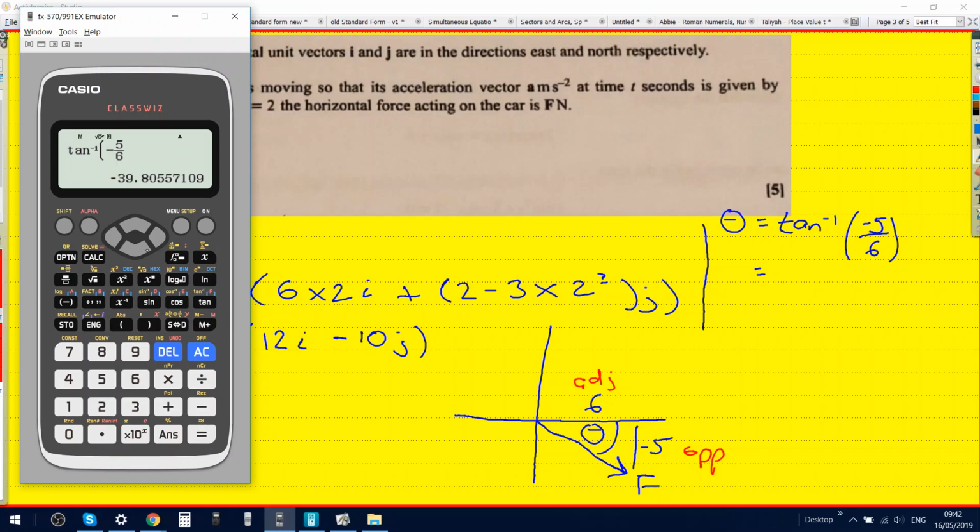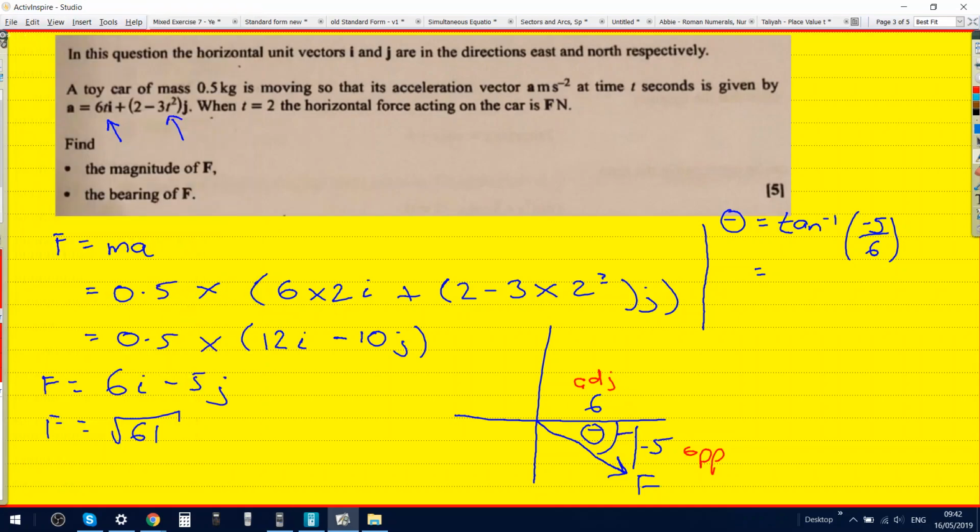And did you get 39.8 for that? Yeah. Or minus 39.8? Yeah. So I just did it as the plus version, so that angle is 39.8 and it's given minus because it's going under. So that's 39.8 degrees. They want the bearing.